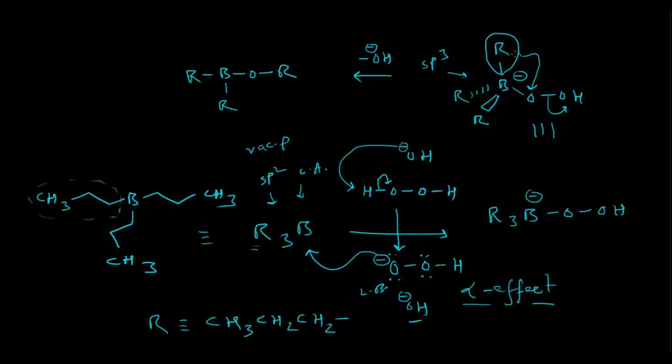So one alkyl group has migrated onto this oxygen atom, so that's why an OR bond is formed, and the other R groups are there, this one and this one, and this O-O bond is broken and OH minus is no more. So this will be the structure.